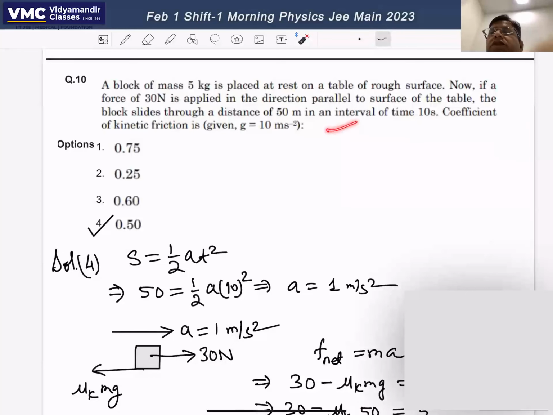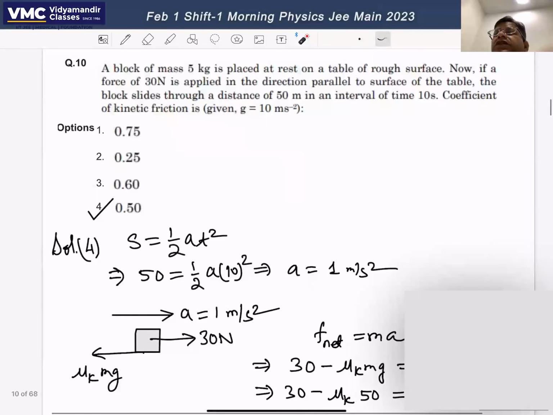Distance covered is 50 meters in 10 seconds. So displacement is half a t square, since initially it is at rest. Putting displacement as 50 and time as 10 seconds, acceleration comes out to be 1 meter per second square.